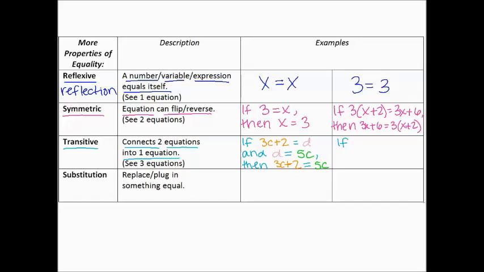If x equals y, and y equals w, then x is equal to w.